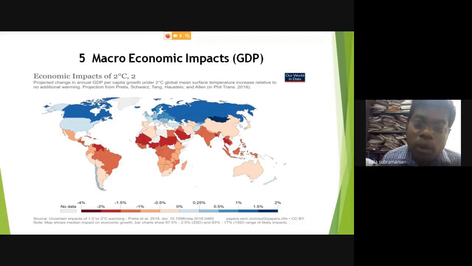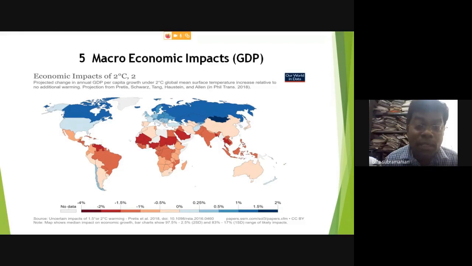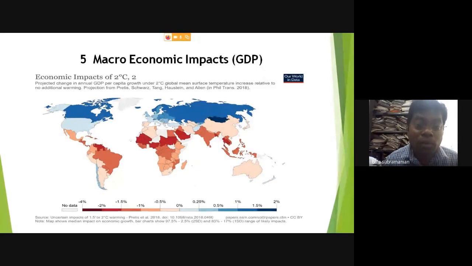We discussed climate change and its macroeconomic impact in terms of agriculture, forestry, biodiversity, and fisheries. Biodiversity and forestry provide major livelihood to millions of tribals and forest dependent communities.